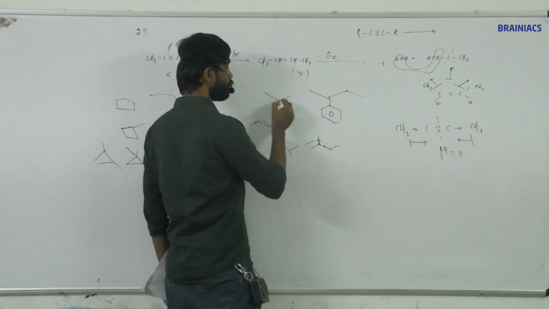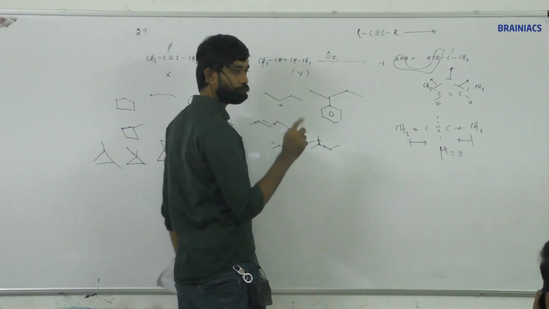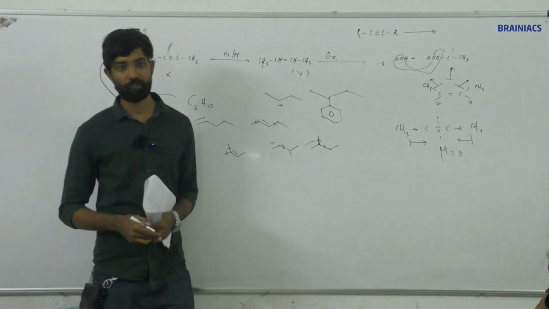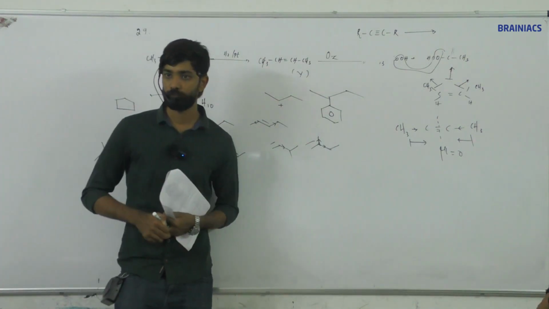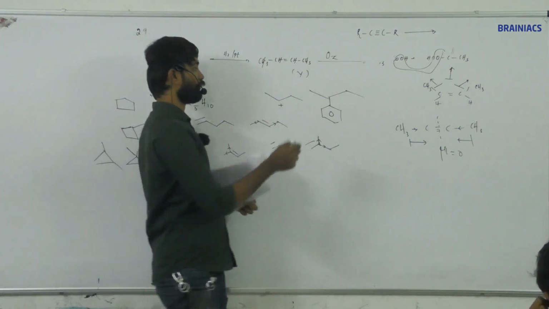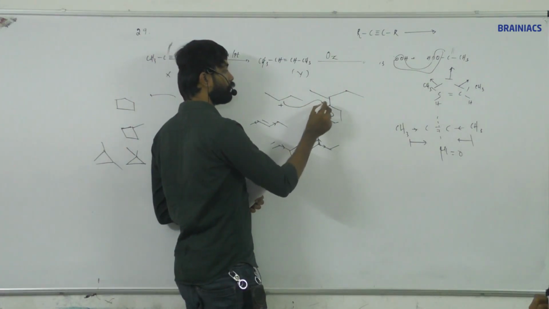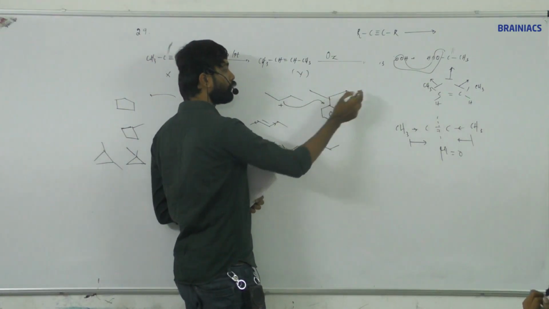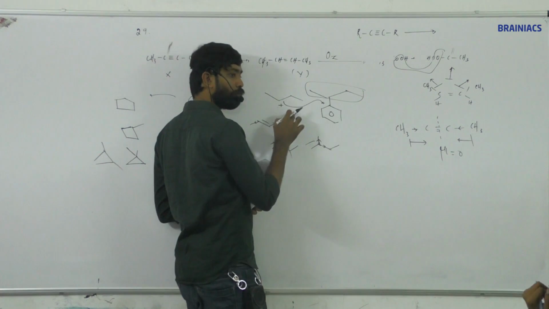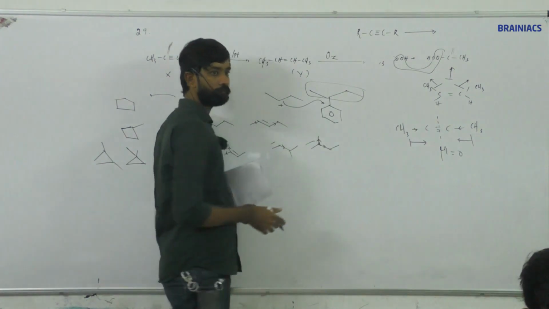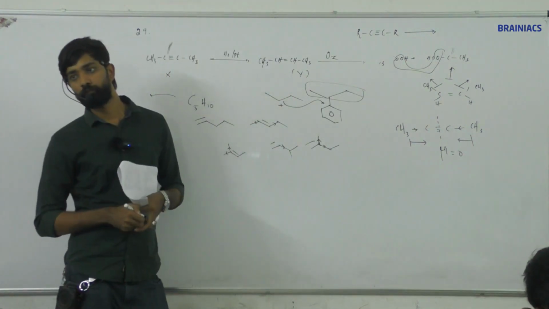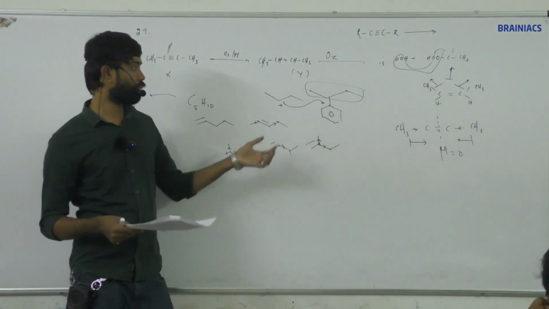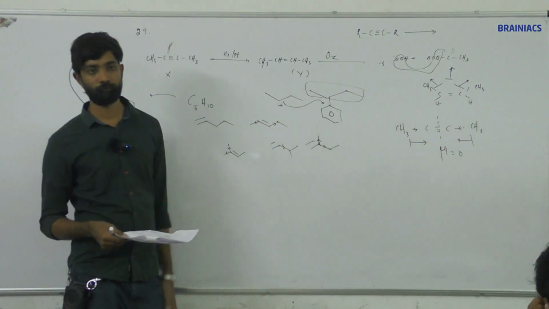So your carbocation should be sec-butyl carbocation. For a Friedel-Crafts substitution to form this molecule, your alkyl carbocation will be this one. So the following can produce this carbocation.